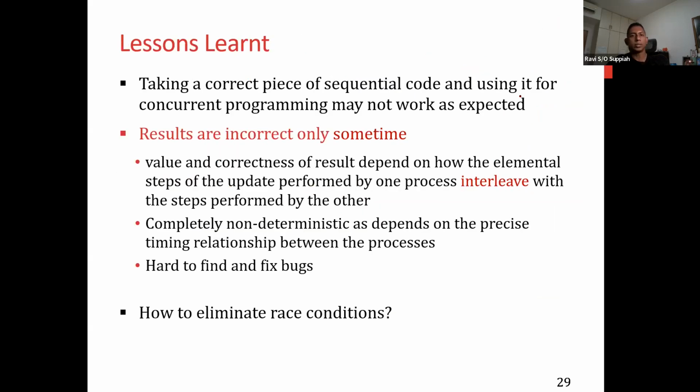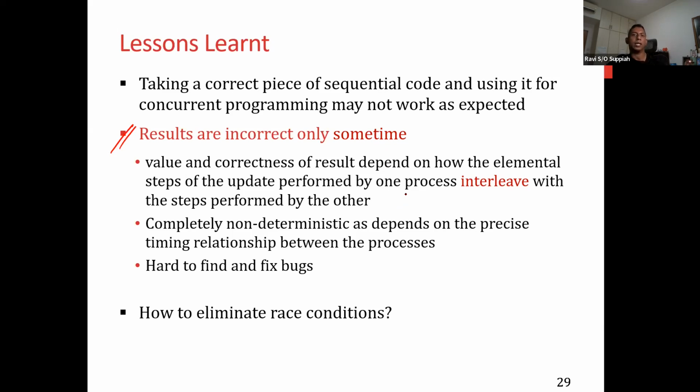I would say the most challenging part of this is that the results are incorrect only sometimes. As software developers, all of you know that this is one of the toughest things to deal with. I always say this: the best thing that can happen is a failure, a situation where the code fails all the time.